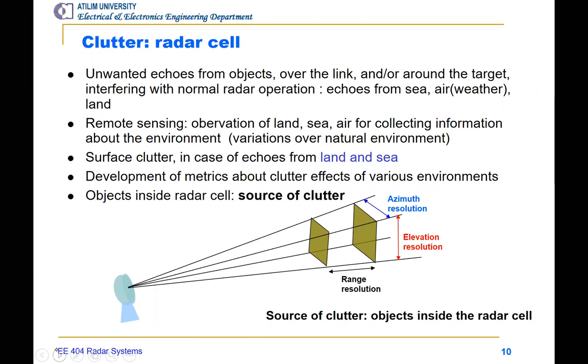So from now on, we'll be talking about clutter. We have already talked about clutter previously, not in detail, but we said that any echo from the objects over the link or around the target is called clutter. It might be echoes coming from an object, from the sea, for example, or from clouds or birds or other objects nearby the target.